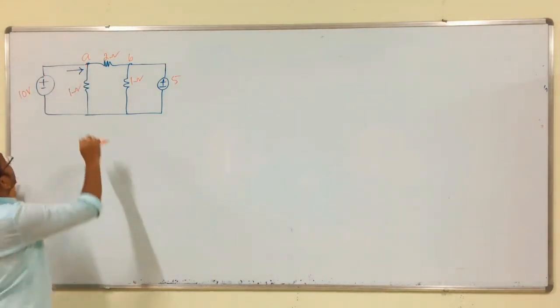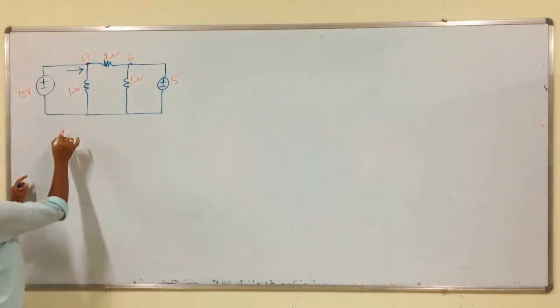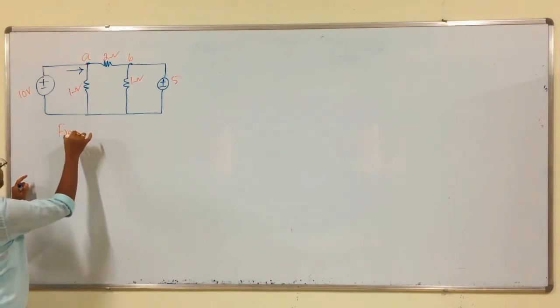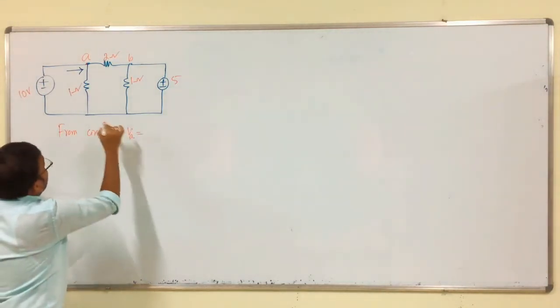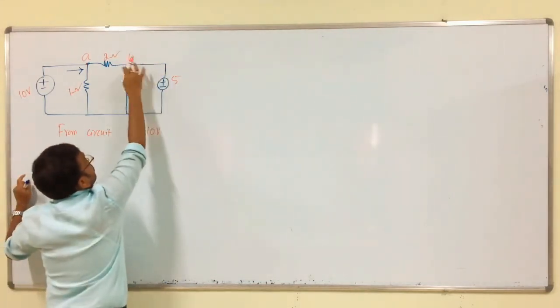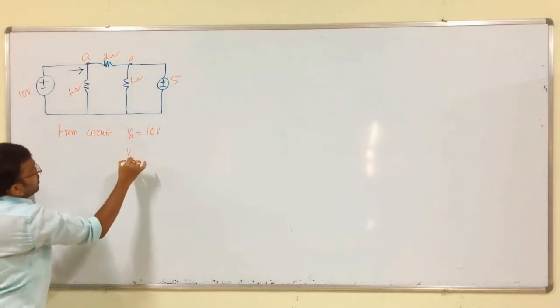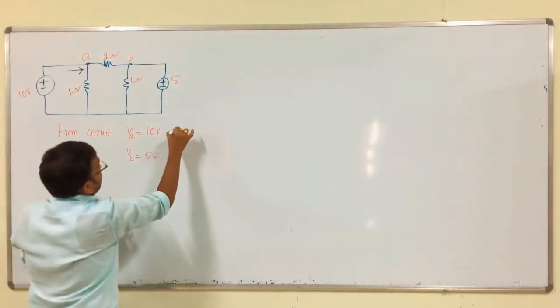Here, we do not have any branch resistance, no, that is why from the circuit VA should be equal to 10 volts, and check this node voltage B. VB should be equal to 5 volts.